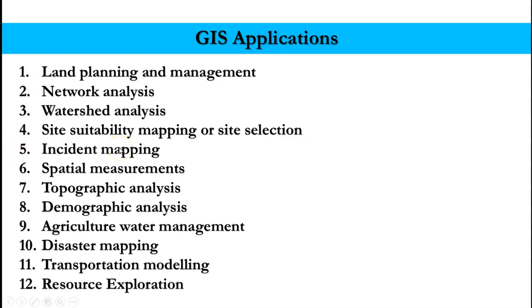Then incident mapping, then spatial measurements, you can measure all kinds of geometries on the GIS platform. Topographic analysis you can do, demographic analysis you can do, agriculture water management, like how much water is required in a particular field, you can do by using GIS tools. Then disaster mapping, transportation modeling and resource exploration, you can also apply GIS.